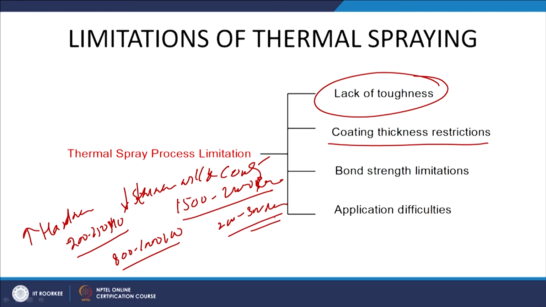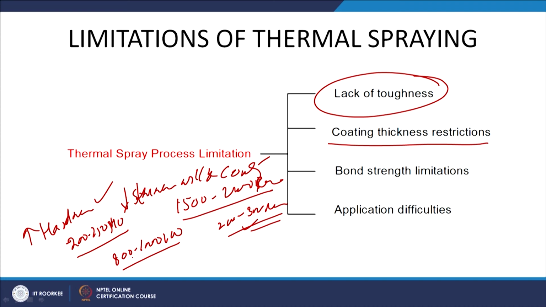So, there are coating thickness restrictions. The harder the material, the lower the thickness which can be deposited, else delamination and removal of the coatings will start. So, the higher the hardness, the lower the thickness, and the lower the hardness, the greater the thickness of coatings which can be made by thermal spray processes.